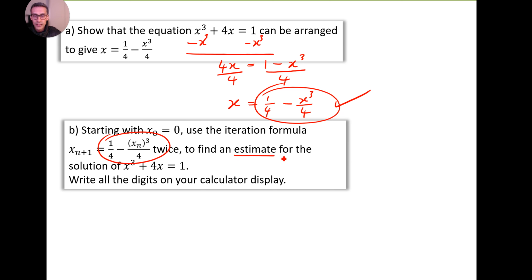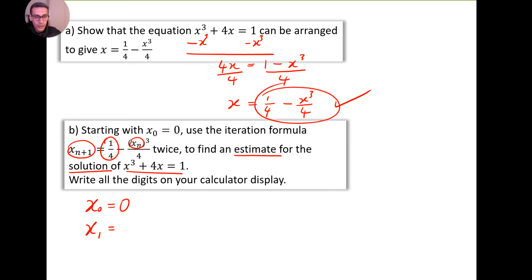And use it to find an estimate for the solution of the original equation, which is given at the top. So we're going to write x naught equals 0, x1 is equal to, now we're going to need to replace this with the previous term. In other words, the next term is equal to a quarter, take away the previous term cubed over 4.